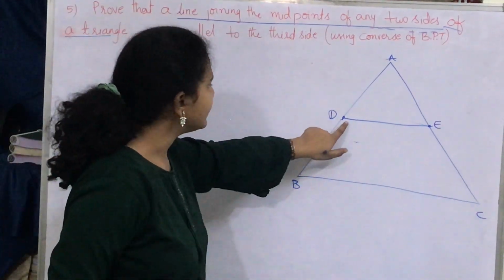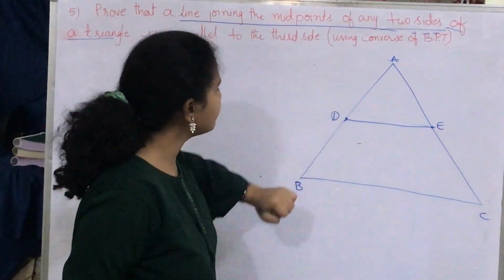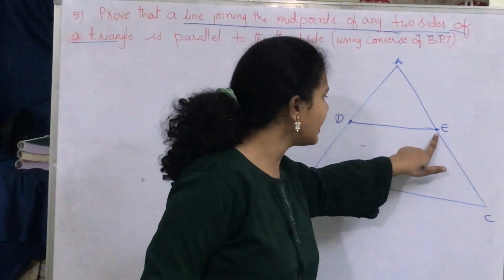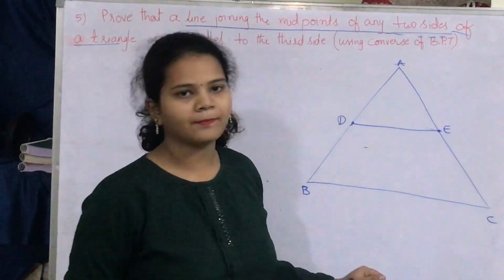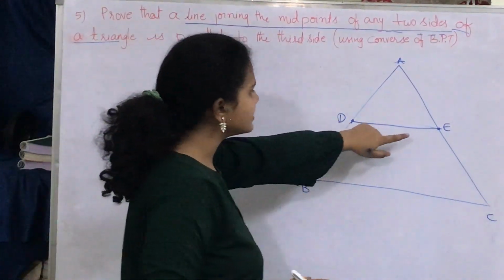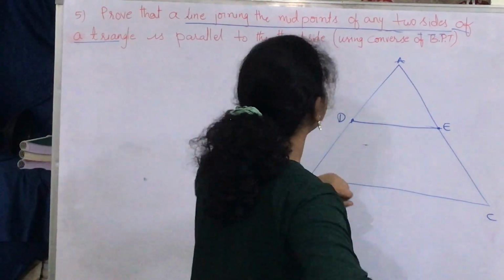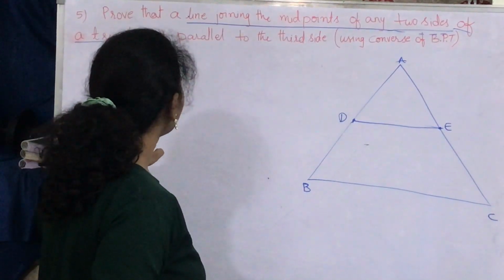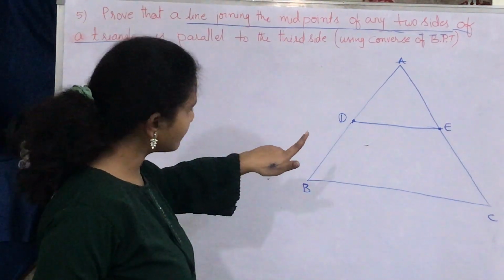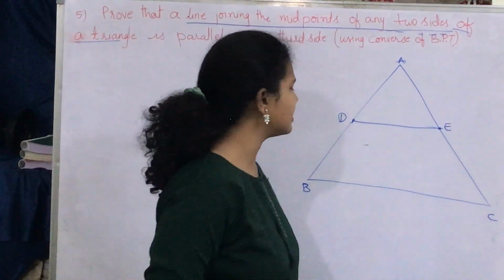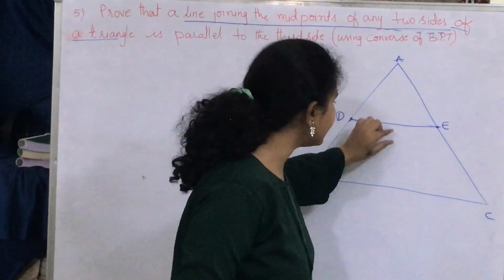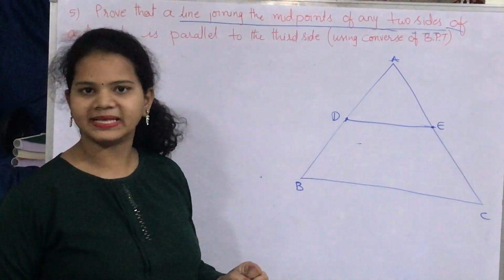So here D is the exact midpoint of side AB, and E is the exact midpoint of side AC. Then they ask that a line is parallel to the third side. So we must prove what? We must prove that DE is parallel to BC.